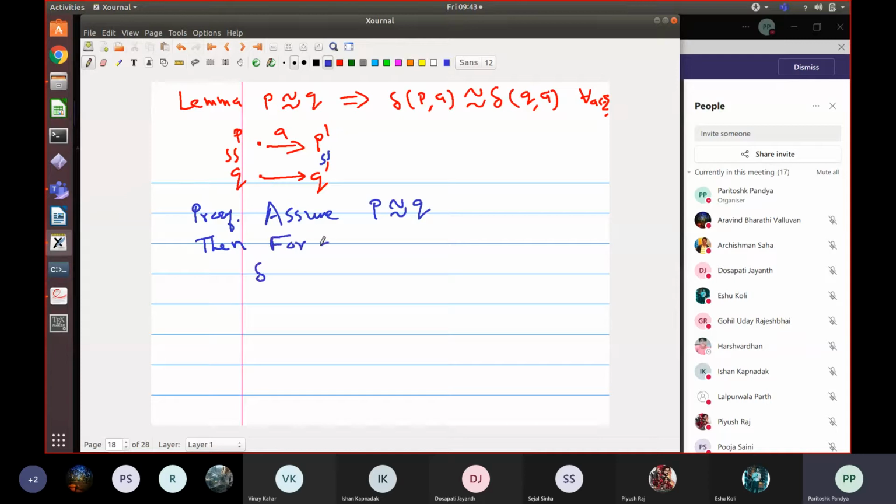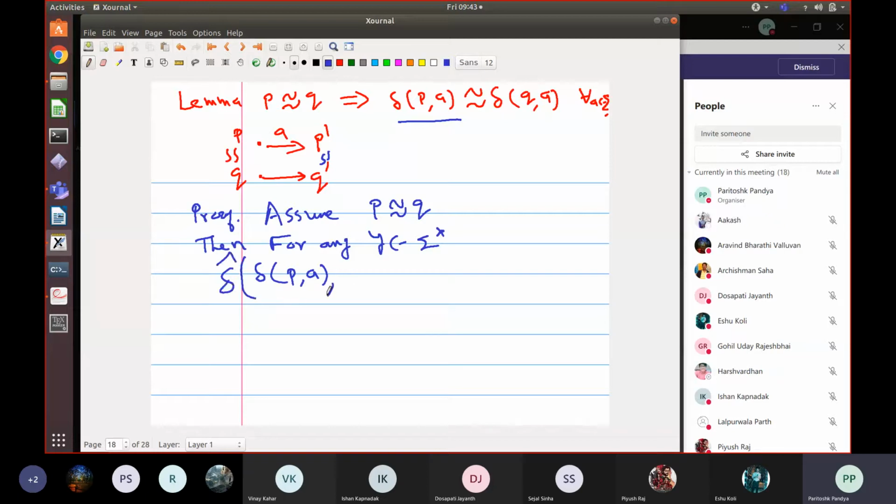And then, if we assume that P is equivalent to Q, let us start with the transition for any y belonging to sigma star. So pick up any arbitrary string y belonging to sigma star. And of course, you have to prove this is equivalent to true. So we first start with this state, delta of P on A. If we start with that, and we do delta hat, if we start with this state and run it on this arbitrary string y, this belongs to F if and only if.